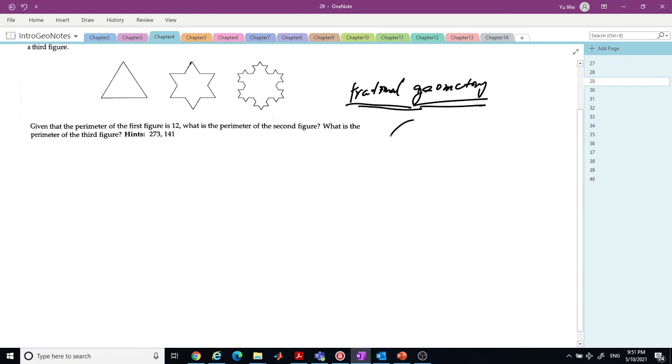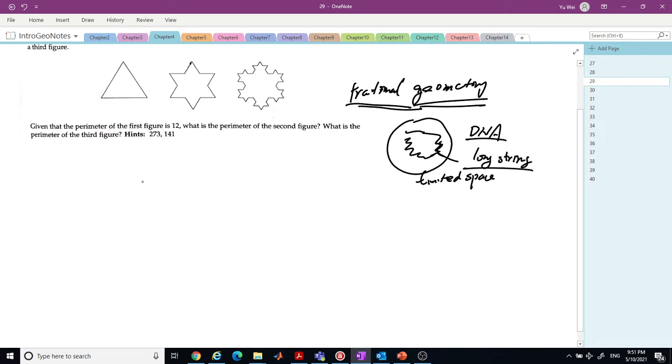You will see it, like our DNA. We have a limited space, but we want to put a very, very long string. Okay, so now let's do some pattern analysis here.